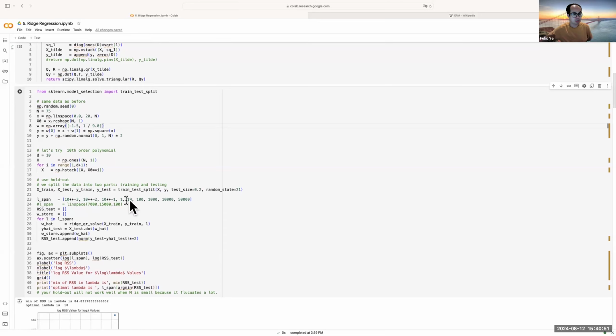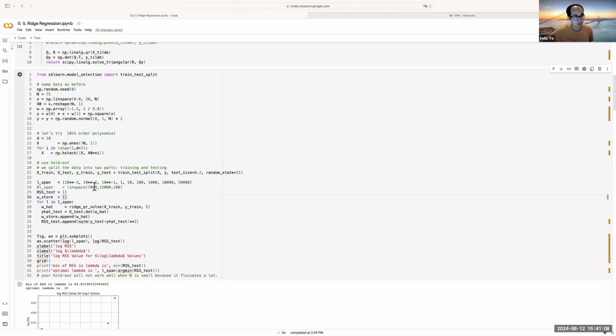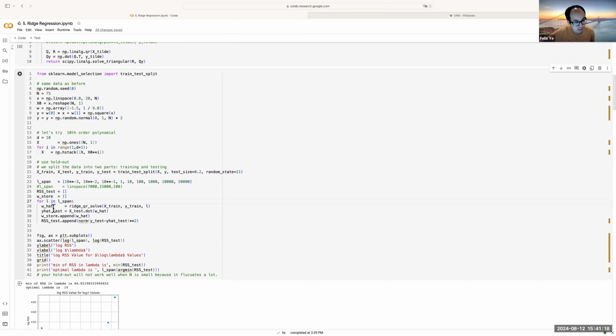We're going to use a log search for lambda values from 10 to the minus 3 up to 10 to the 4th, and 5, 10 to the 5, and 50,000. What we do is try all possible lambda values ranging over these and store the testing RSS.